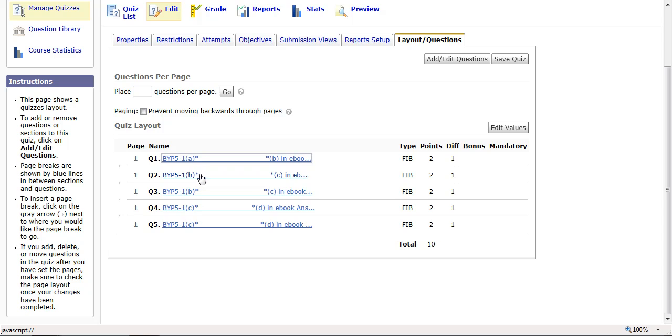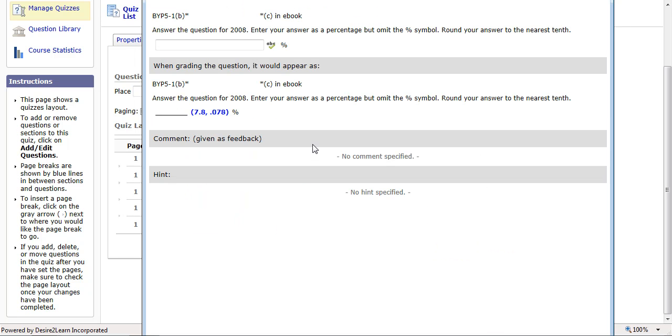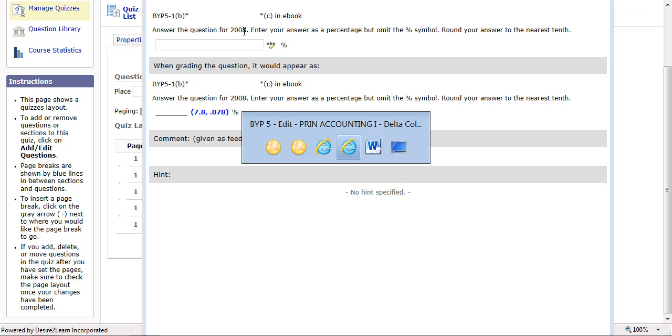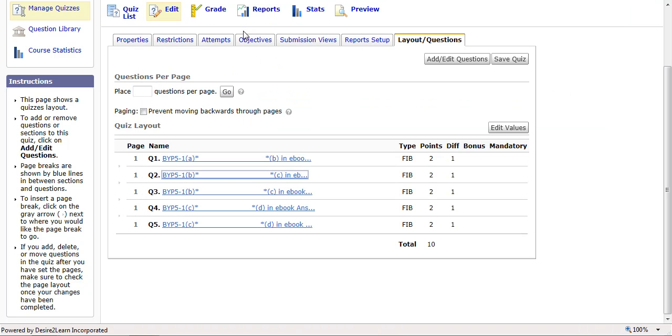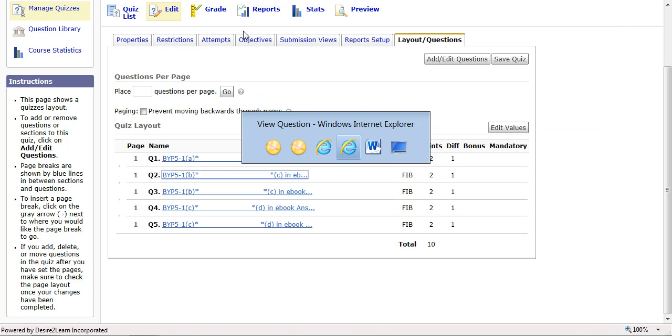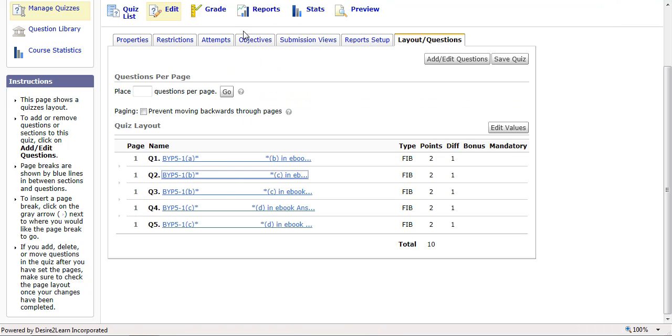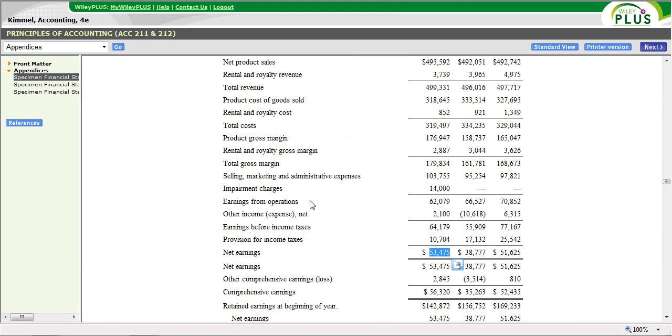If I go into the second problem, answer the question for 2008. This is asking for the profit margin ratio for 2008. Let's get back to the income statement here.